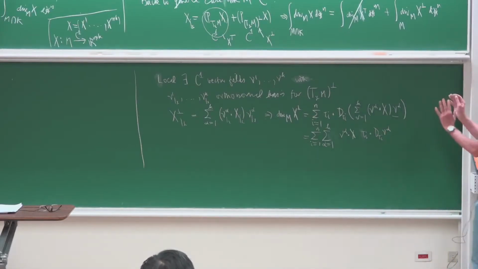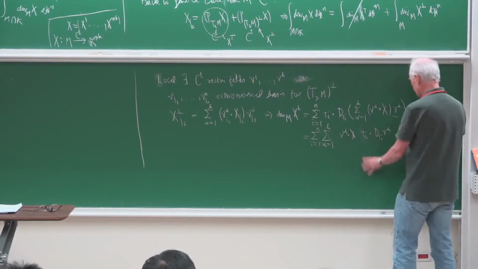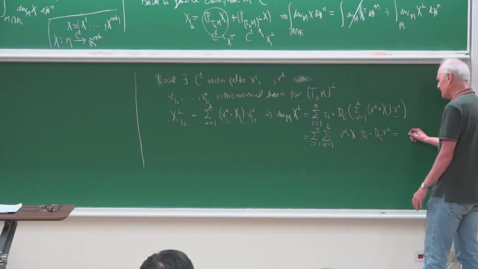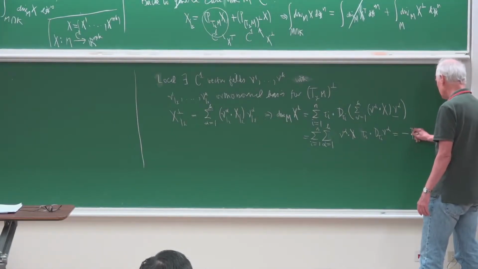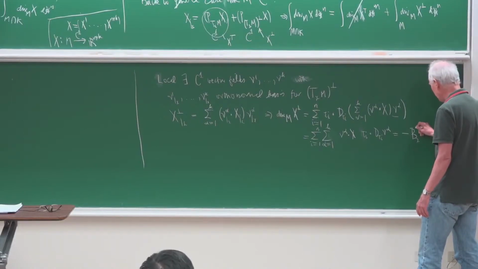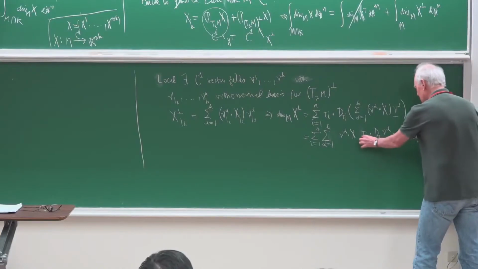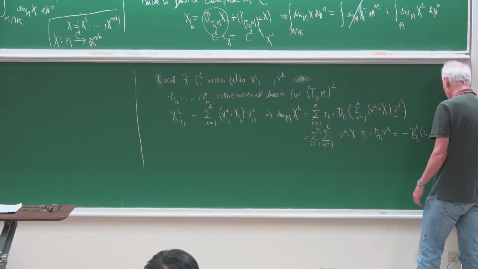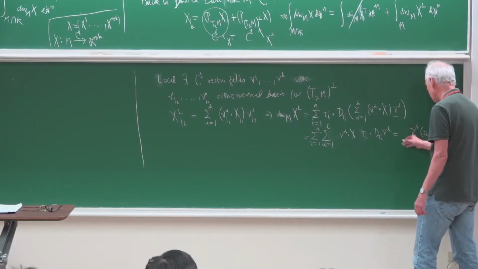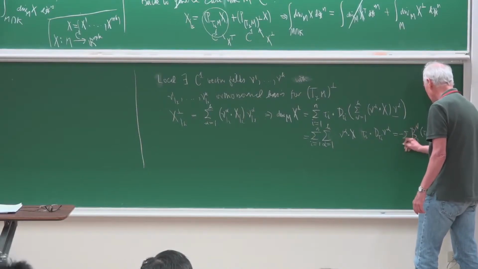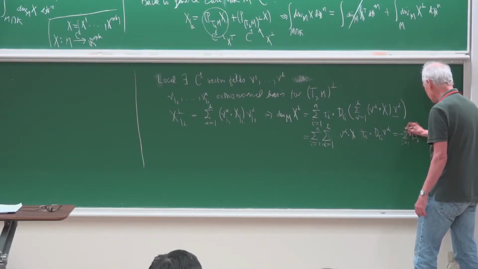So the other term gives 0. So that's what you get. Now, notice that this is exactly what we defined to be the second fundamental form. So this is exactly minus the second fundamental form of M evaluated at tau_i, tau_i. That was our definition of second fundamental form, and we're summing from i equals 1 up to n.